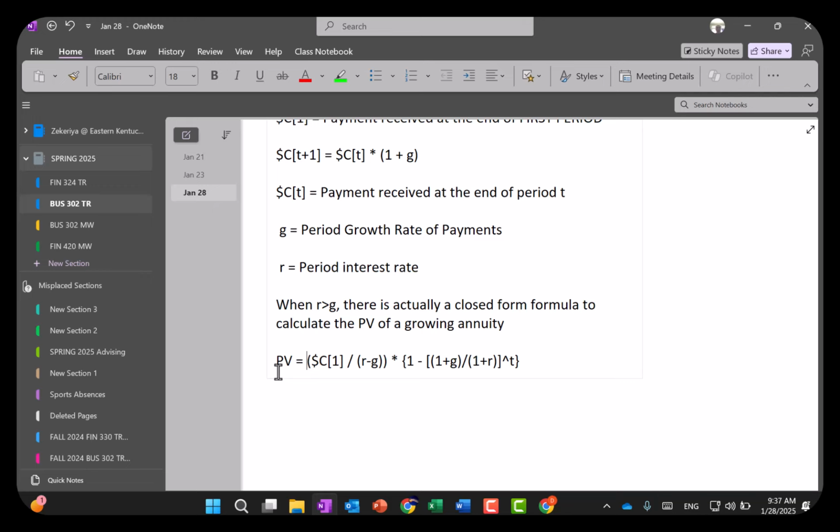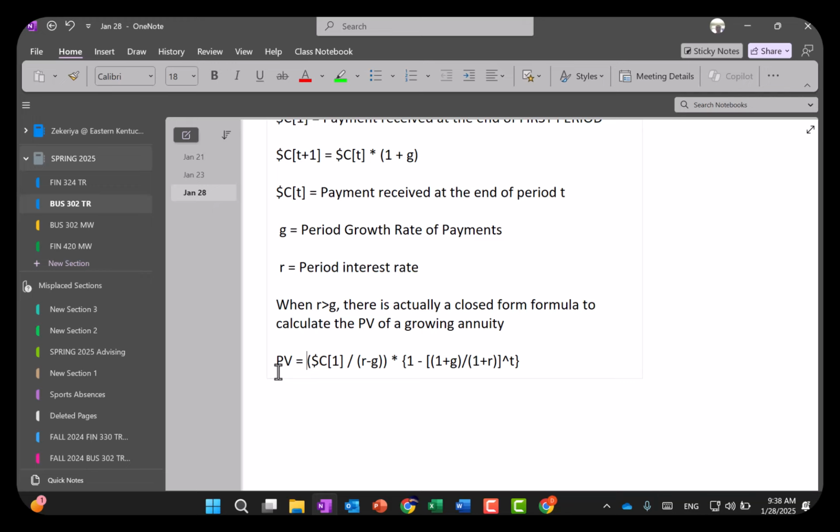Because of the way you derive this formula, you actually calculate the present value of a growing perpetuity. If R is greater than G, that would be equal to C1 divided by R minus G. You may remember it from your stock dividend growth model, the constant dividend growth.